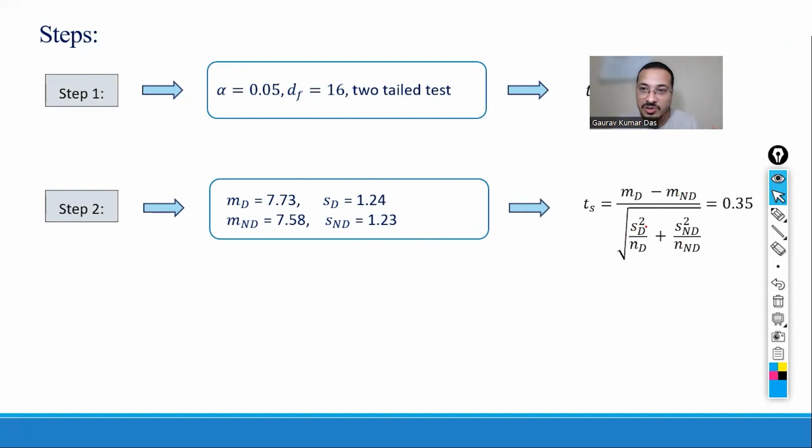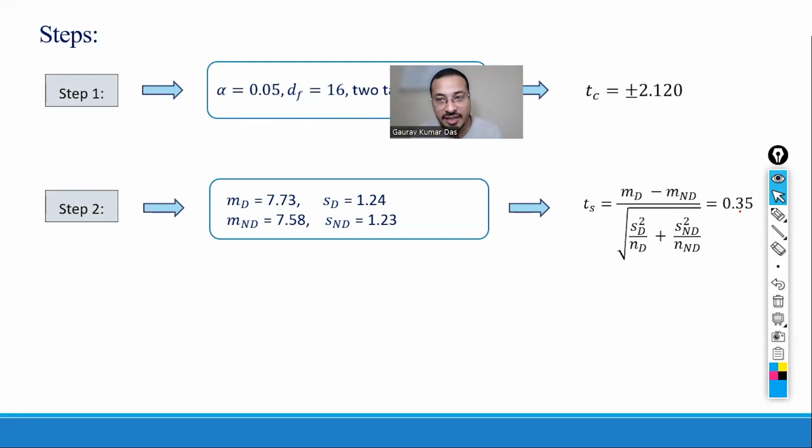We'll be using Python functions anyways. But just to help you understand, it is just calculating the difference between the means divided by the average of the variance, taking both of the samples into consideration, and this value comes out to be 0.35.